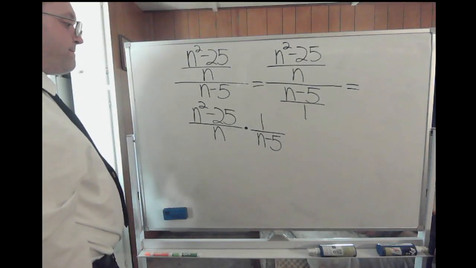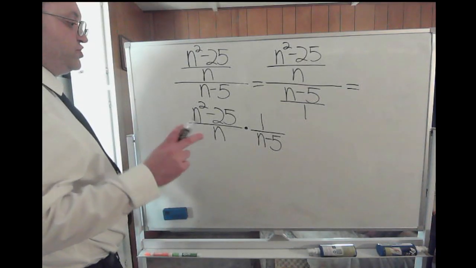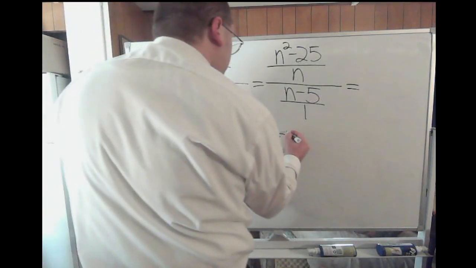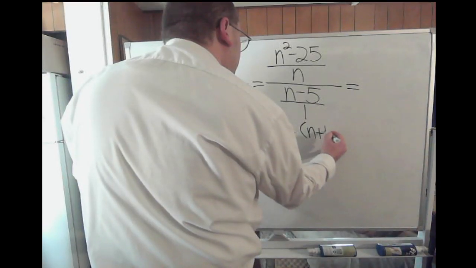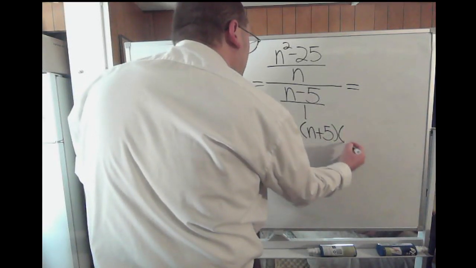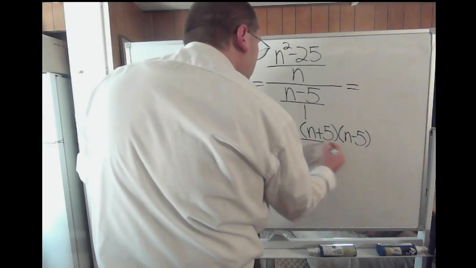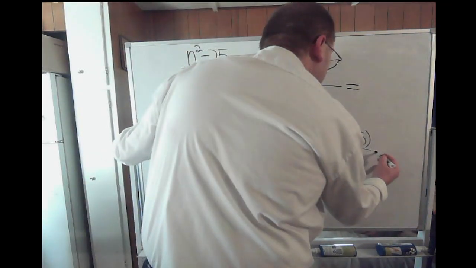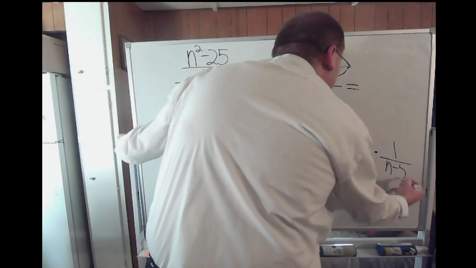It doesn't look like we can factor just yet, but we can definitely factor n squared minus 25. That factors into the quantity n plus 5 times the quantity n minus 5, all over n, times 1 all over n minus 5.